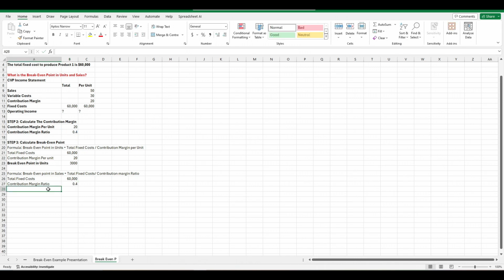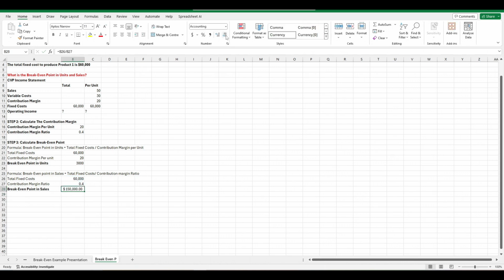So like I said before, step 2 is very important for us when we're doing step 3. Our break-even point in sales, total fixed cost divided by contribution margin ratio, gives us dollars.